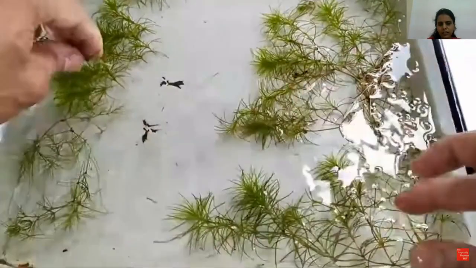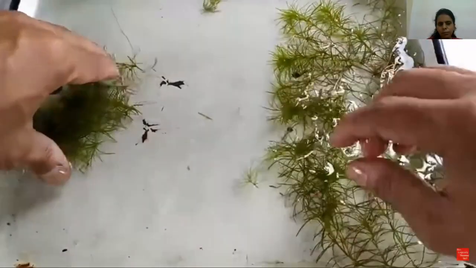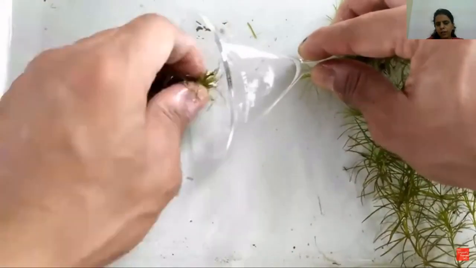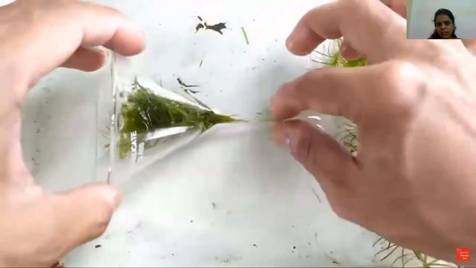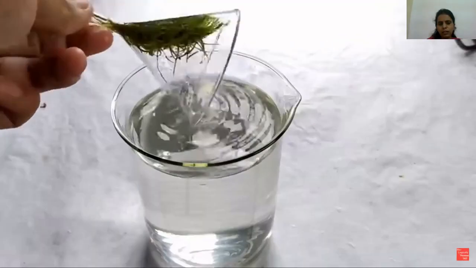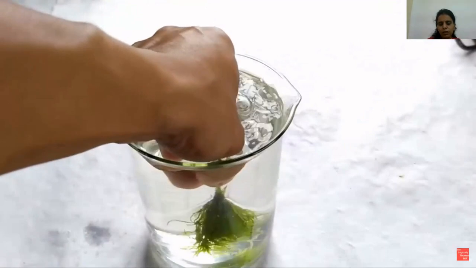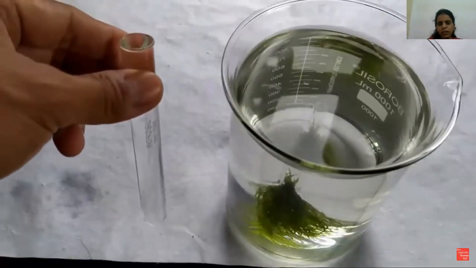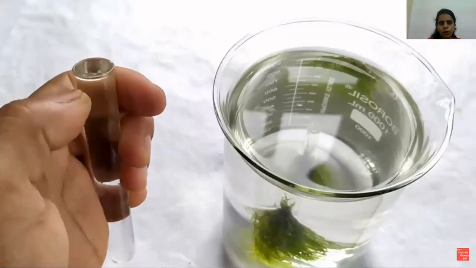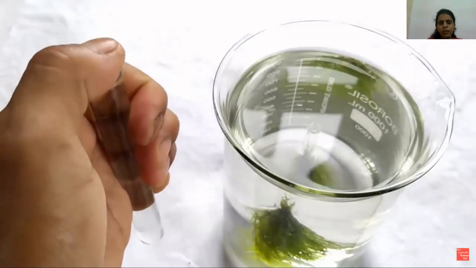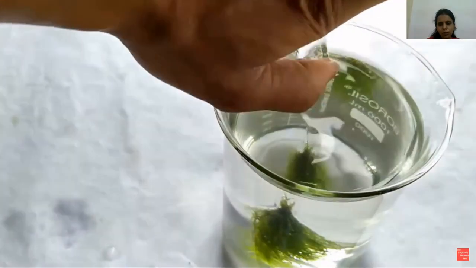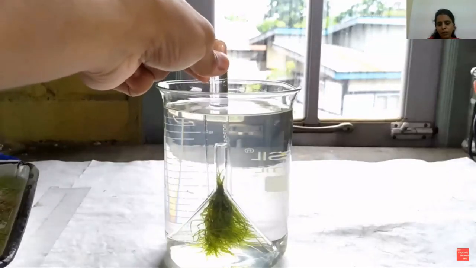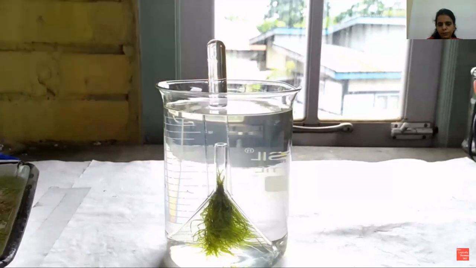You have to take some hydrilla plants and insert them into the funnel in such a way that the cut end of the plant is inserted into the stem of the funnel, and then keep this funnel inside the beaker full of water. Take this test tube, fill water till the brim, and carefully place this test tube onto the stem of the funnel in an inverted position.